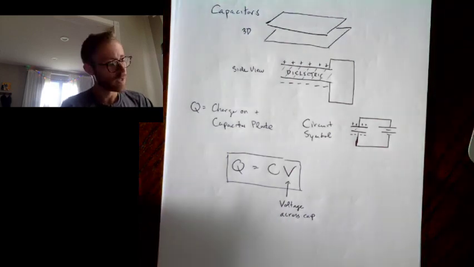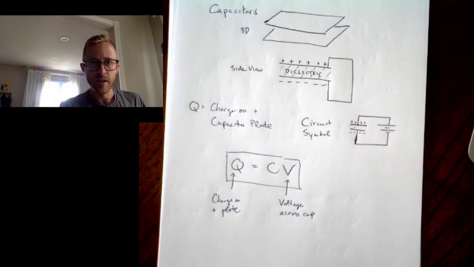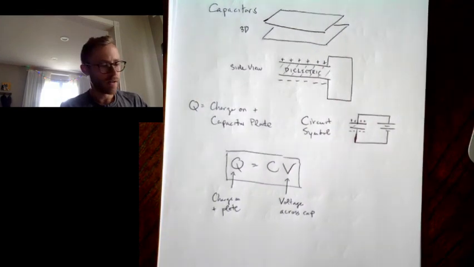Q is the charge on the positive plate, and C is called the capacitance.